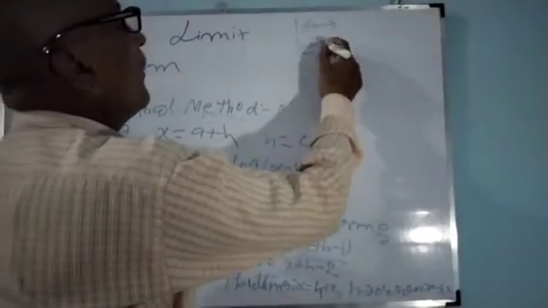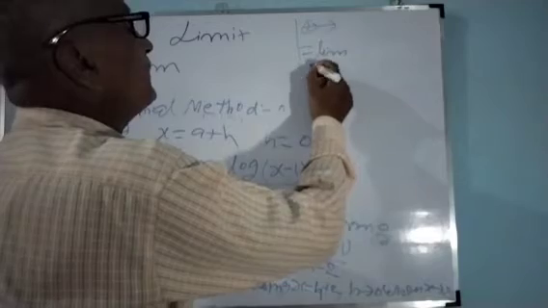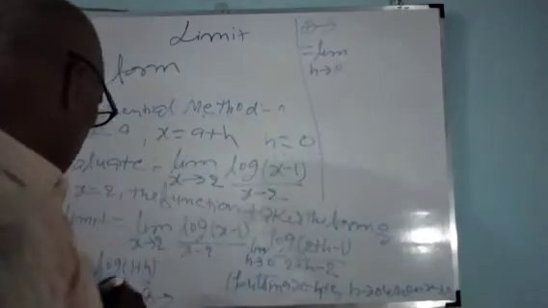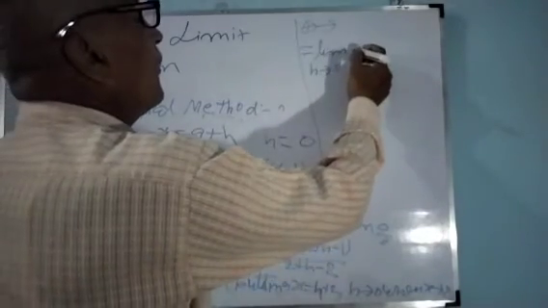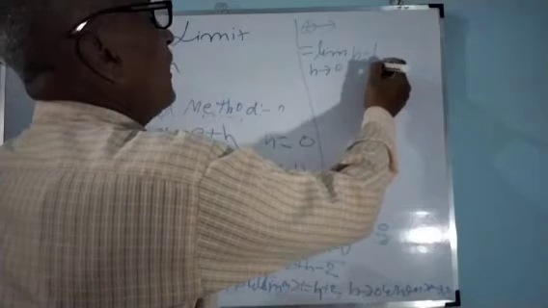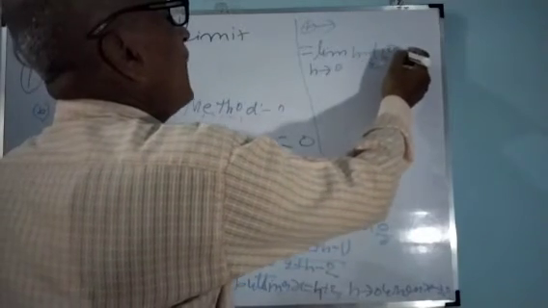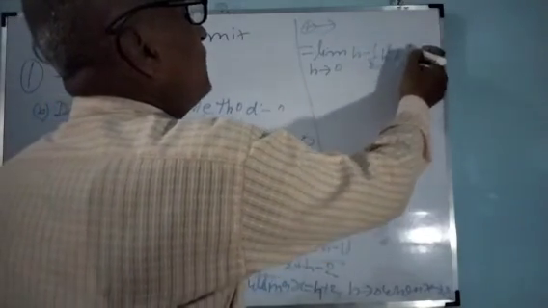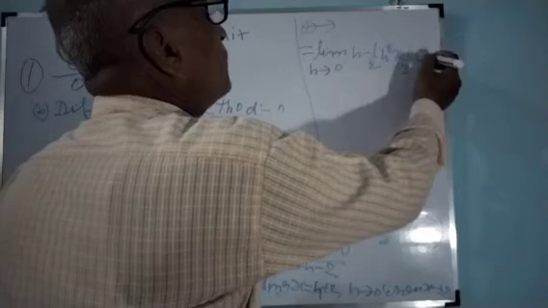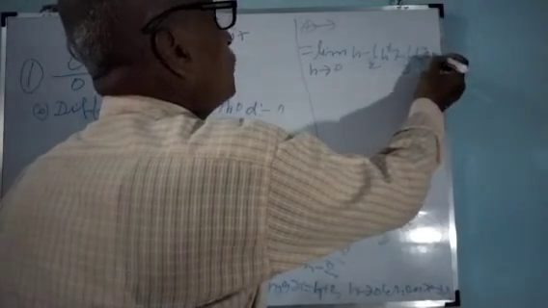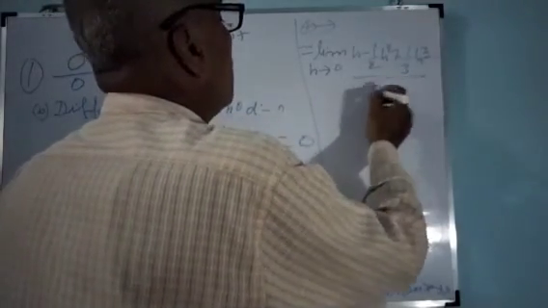Limit h tends to 0 of h minus half h square plus 1 by 3 h cube minus and so on, by h.